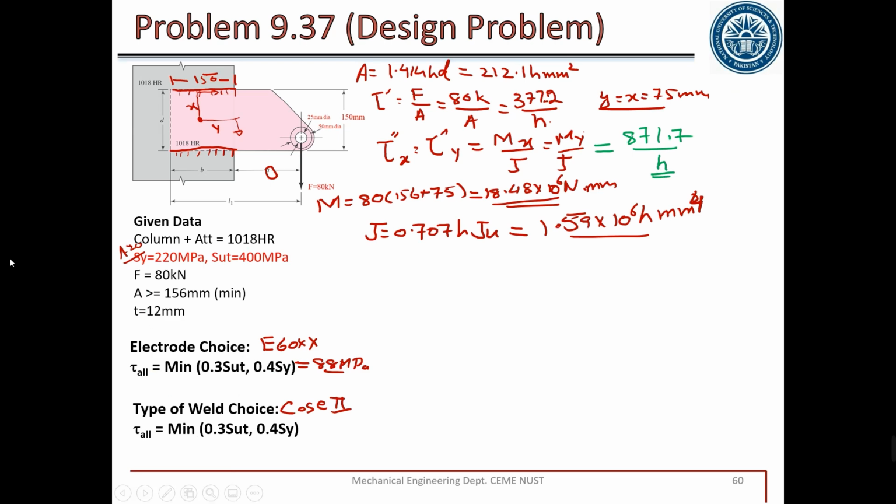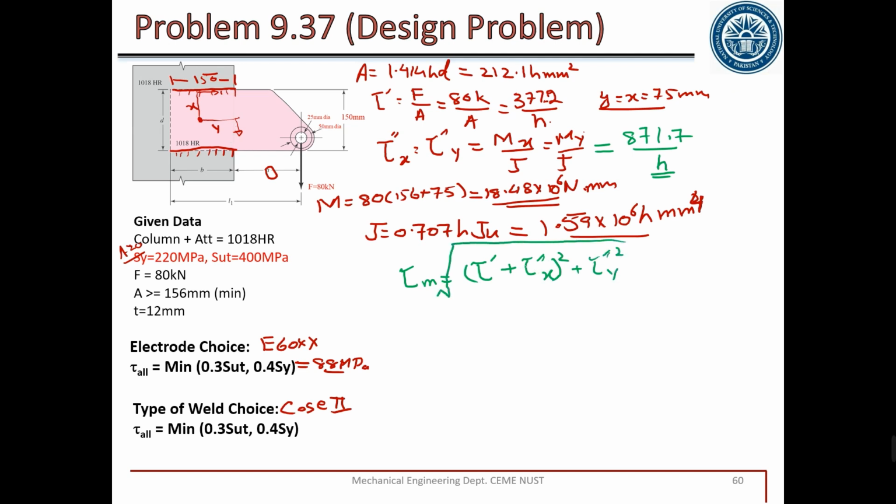Calculate the resultant. Tau max is equal to square root of tau prime plus tau double prime x, if this value is taken as x, whole square, plus tau double prime y square.